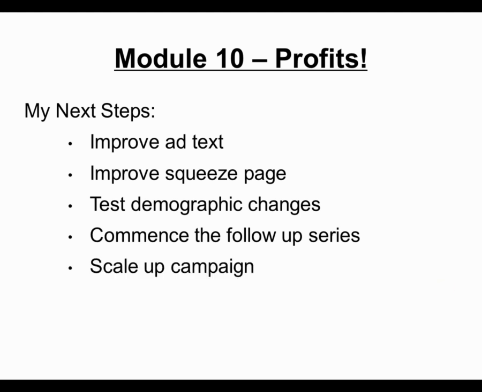And look, once I've got the improvements in the ad text and the squeeze page, and I know the demographics are targeting right, I can really look at scaling things up. If your campaign is profitable, and mine early days is profitable, what happens if I start pushing the bids up that I'm paying for the traffic? If I'm getting that many clicks at 10 cents, if I start building that up to 20 cents a click, do I get twice as many clicks, and do I get twice as many orders?